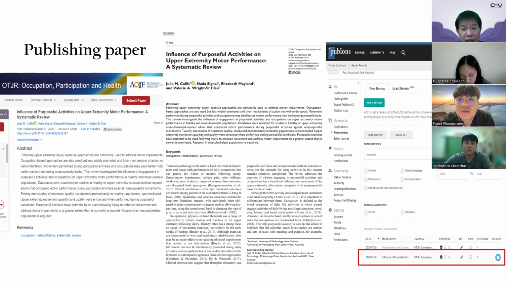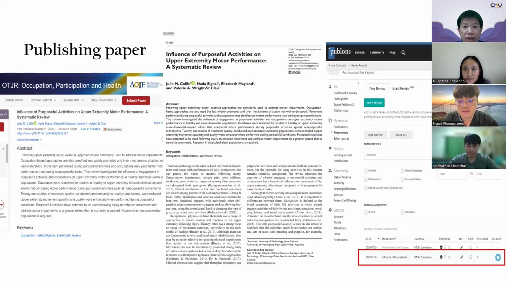Pravit, do you have an ORCID ID? Yes, Pravit has. And me, do you have an ORCID ID? You never had one? Okay, everyone will help you. Chattakon has one. ORCID ID is like the ID of your passport. Think about that.